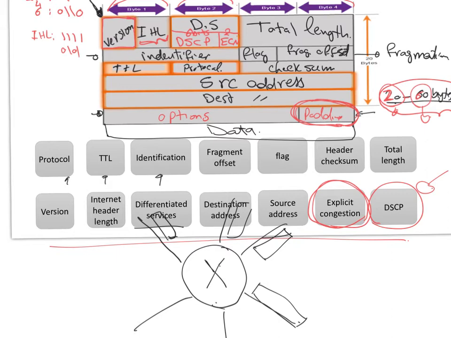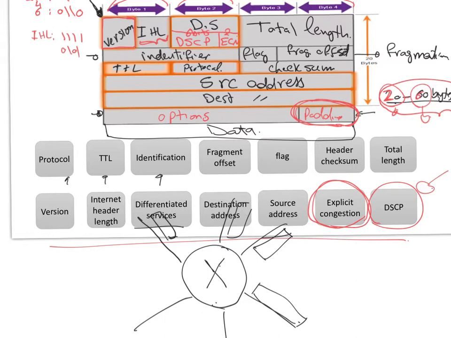All right, so as we said, we have the internet header length, because of the fact that we have variable length. As we said, the header can get from 20 to 60, right? So that's why we have internet header length. But we also have total length.